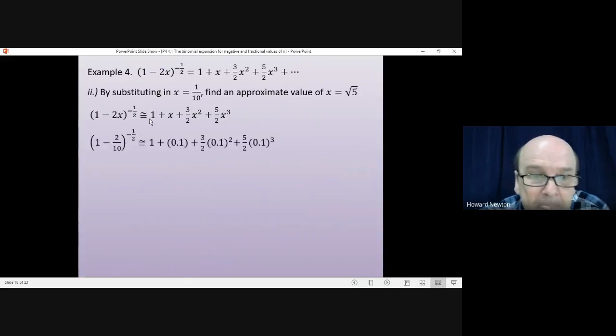Substituting in, x is 1/10, so 2x will be 2/10. And here I've written x is a 10th as a decimal, 0.1, x squared will be 0.1 squared, x cubed will be 0.1 cubed.